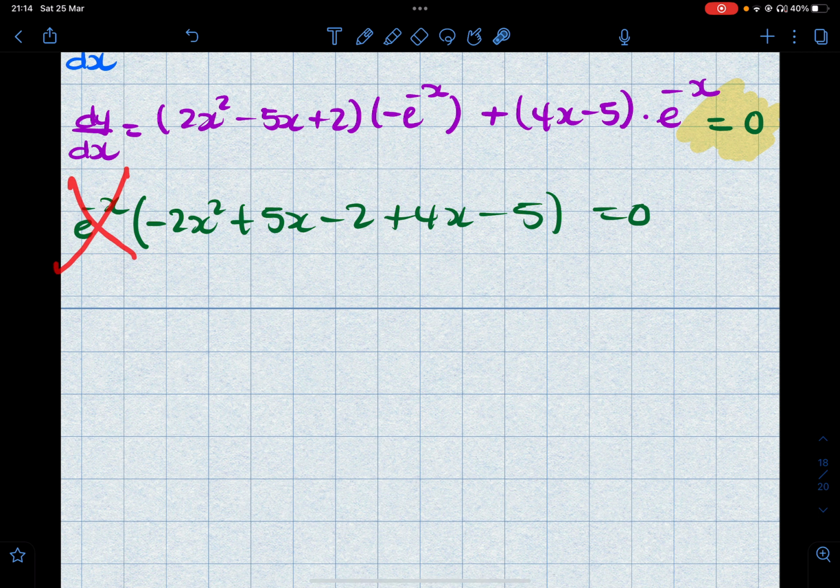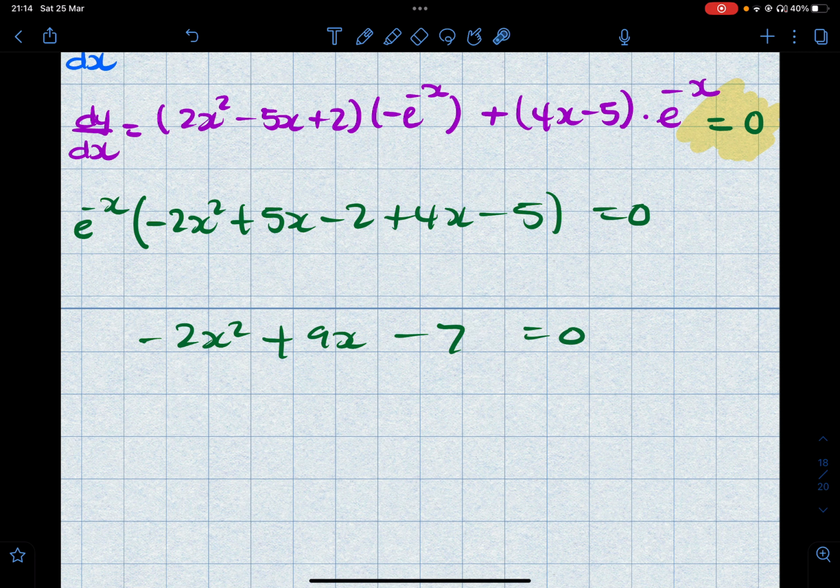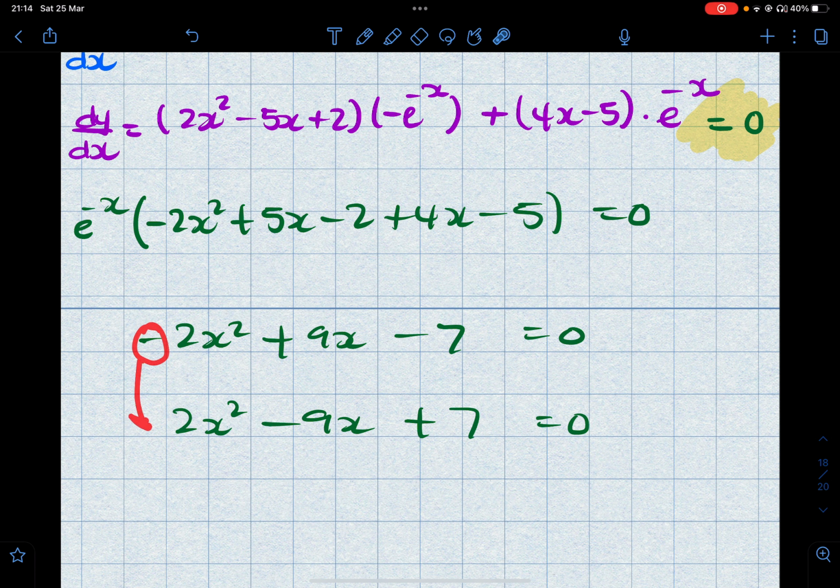Now this we said can't be equal to 0, so this has to be equal to 0. So the 5 and 4 add up to 9, so you can say minus 2x squared plus 9x minus 7 equals 0. Nobody likes a negative sign, so you could multiply everything by minus 1. That has the effect of changing negative to positive, positive to negative, negative to positive, and the 0 is unchanged.